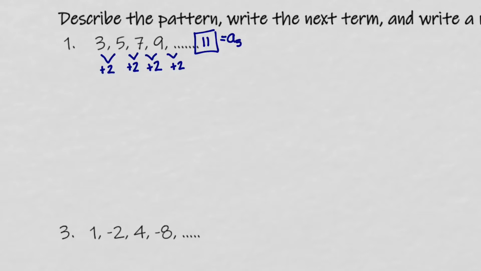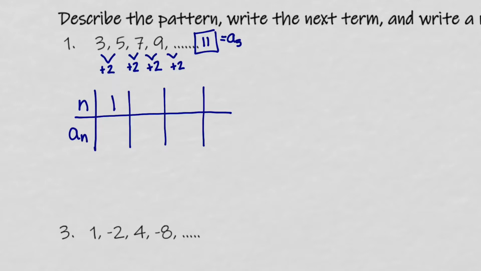But now we need our rule. For describing the pattern, you could write down it's adding 2 to each term to get to the next term. But to find our rule, if you remember, last time we had n and a_n, and remember, n is just where that term is.